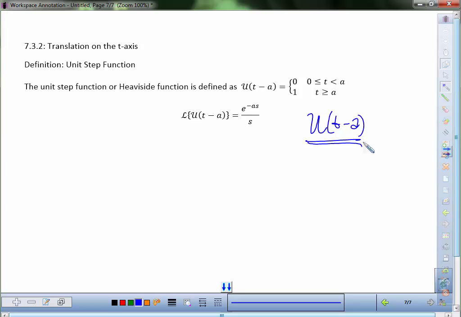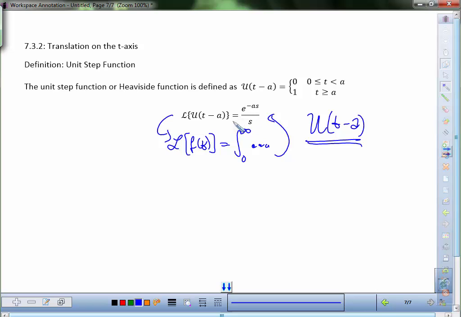Now, if we have a translation in the T world, we want to know what happens in the S world, right? And so without proof, using that L of f of t is equal to the integral from 0 to infinity of ... whatever it was. So using that, we're going to get this formula for translation.